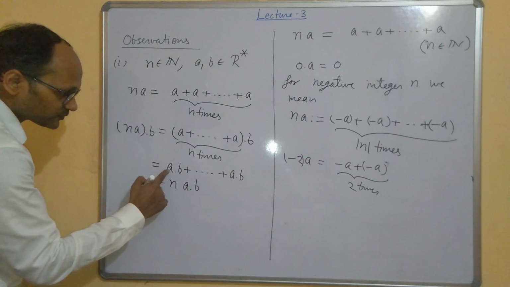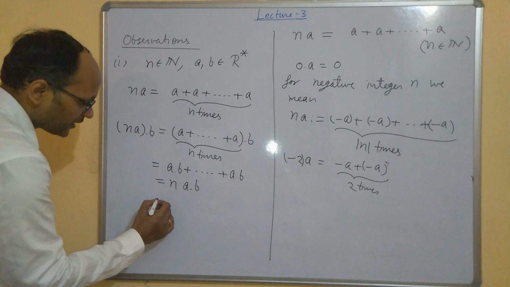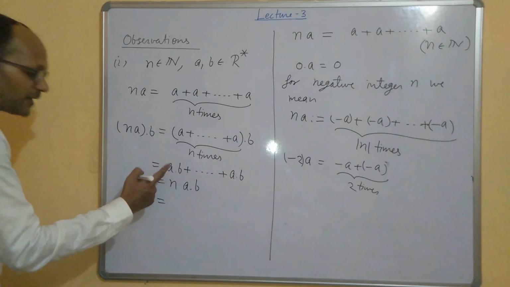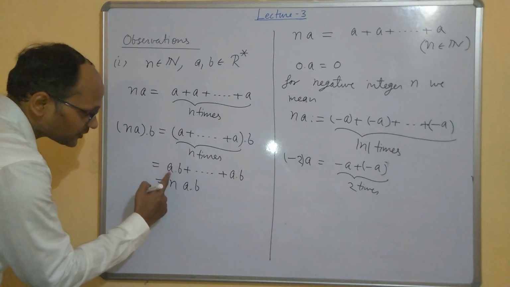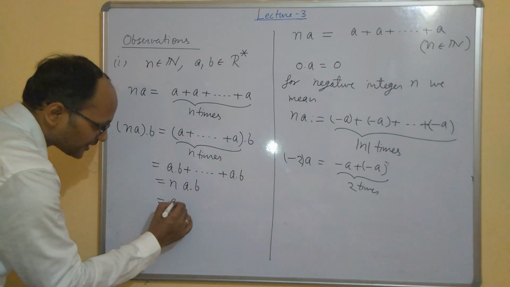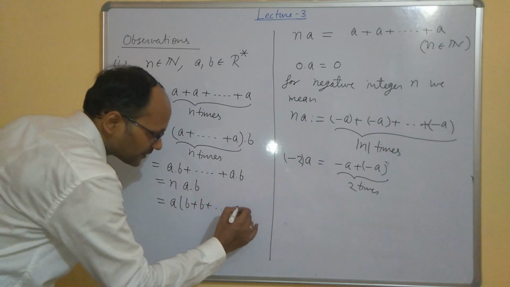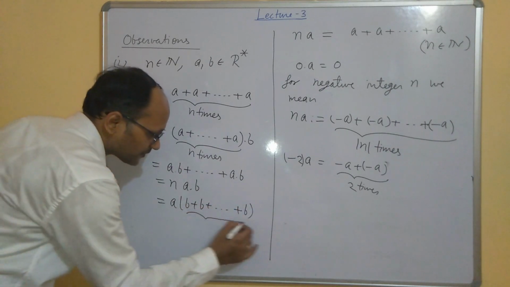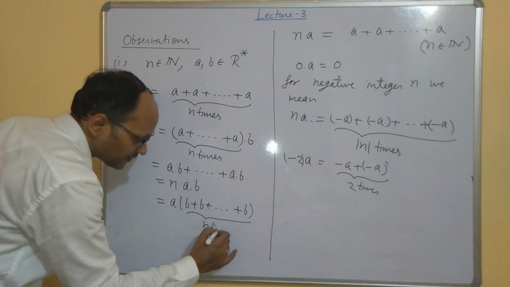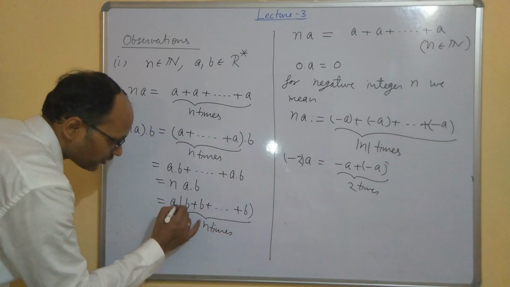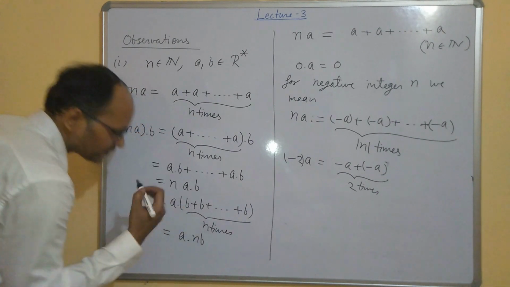Now also if you take a common from this element, by the law of distributivity it can also be written as a into b plus b plus b, n times. So this can be written as a dot nb.